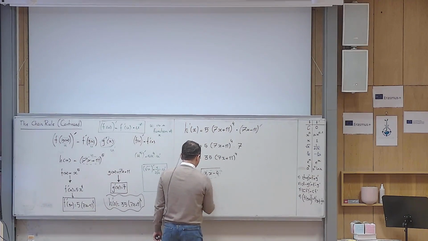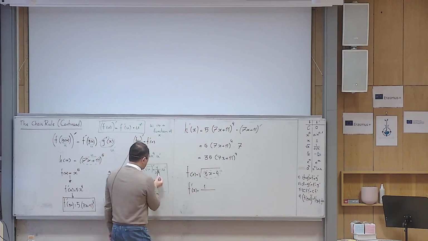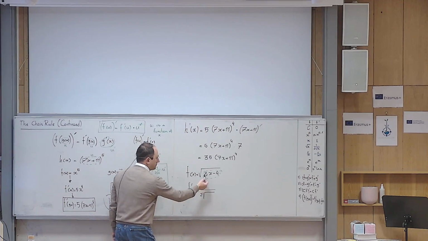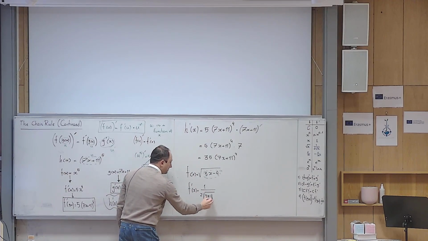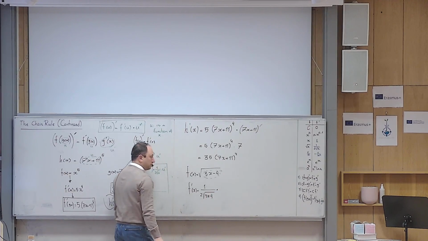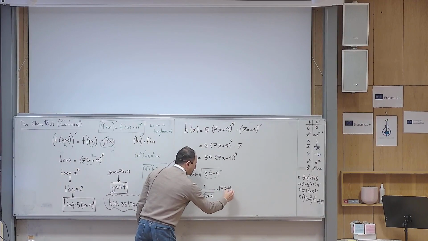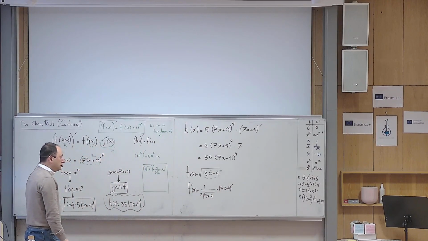So the derivative of f becomes 1 over 2 square root of u, but don't write u and then replace it. Just put it in your head. So u is 3x minus 4. But the problem is not finished yet. You have to multiply by the derivative of what you called u. And the process is finished only if there is no primes left.